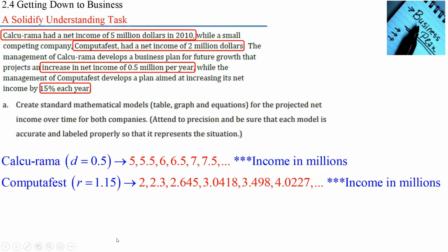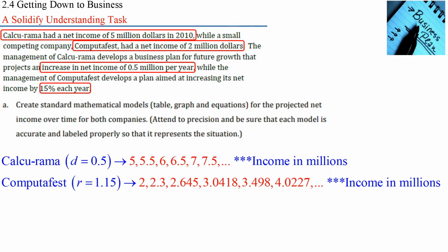So, Part A, create standard mathematical models. We've done that with two sequences right now, but they want a table, graph, and equations for the projected net income over time for both companies. Attend to precision and be sure that each model is accurate and labeled properly so that it represents the situation.